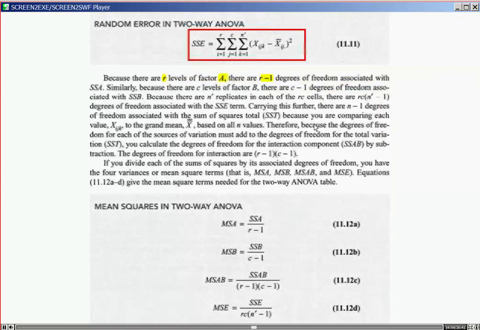R minus 1 degrees of freedom associated with SSA, sum of squares for factor A, due to A. Similarly, because there are C levels of factor B, C minus 1 degrees of freedom associated with SSB.